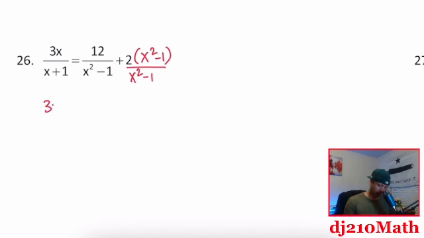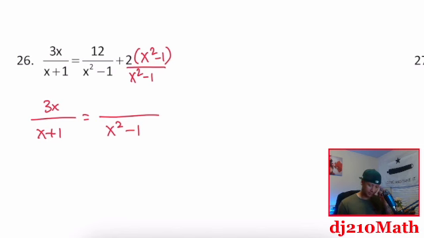So we get 3x, x plus 1 is equal to x squared minus 1 on the bottom. On the top, we have 12 plus distribute, right, the 2, 2x squared minus 2.